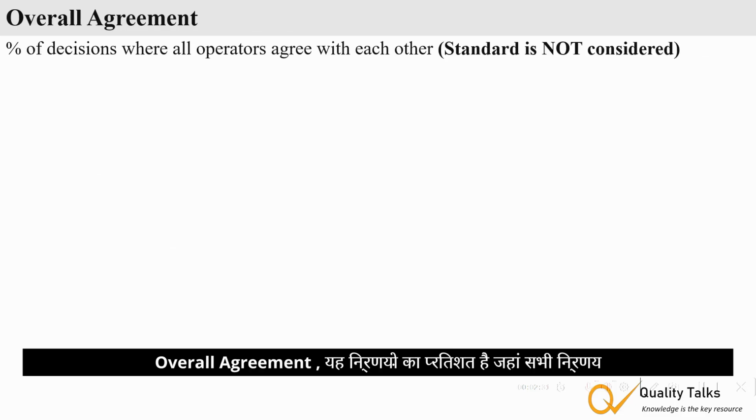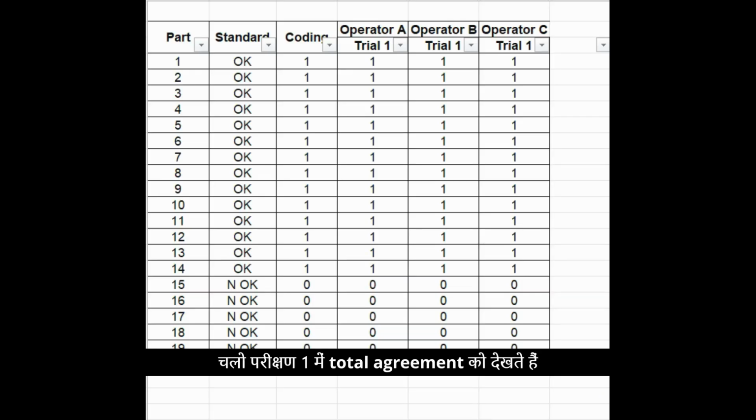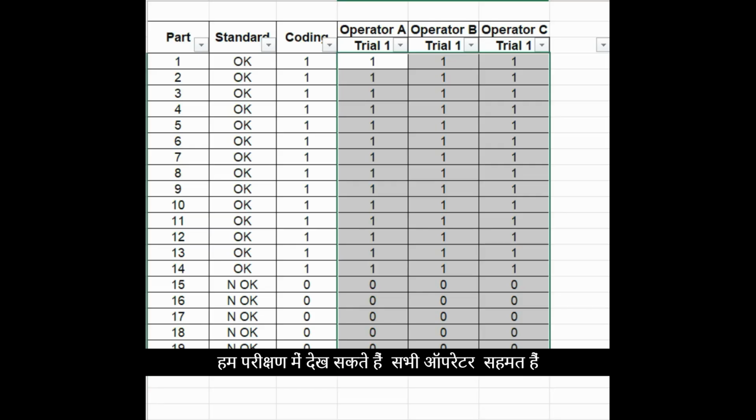Overall agreement is the percentage of decisions where all operators agree with each other. In this case, the standard is not considered. Let's see the total agreement in trial 1. We can see in trial 1, all operators are agreeing with each other, so total agreements are 20 in trial 1.